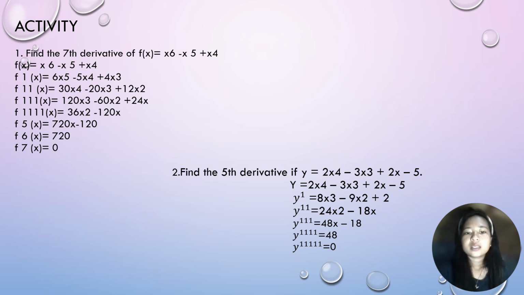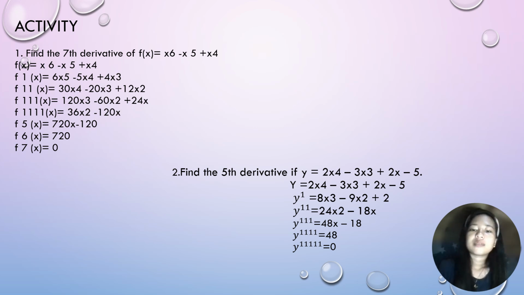So here, number 2 is find the fifth derivative of y is equal to 2x^4 minus 3x cubed plus 2x minus 5. The first derivative of this is 8x cubed minus 9x squared plus 2.